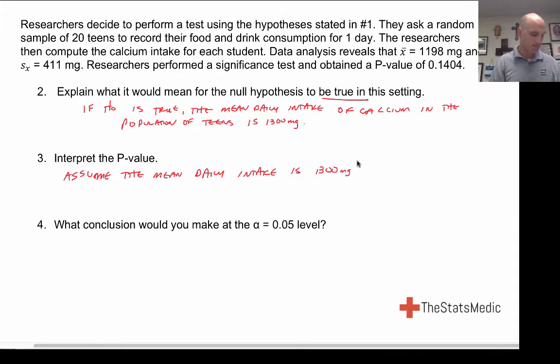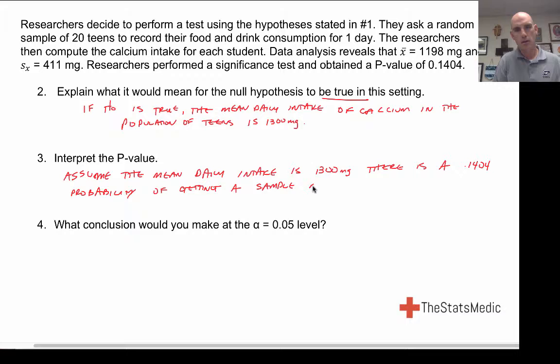And so what we find is there is a 0.1404 probability of getting a sample mean of 1,198 milligrams purely by chance.